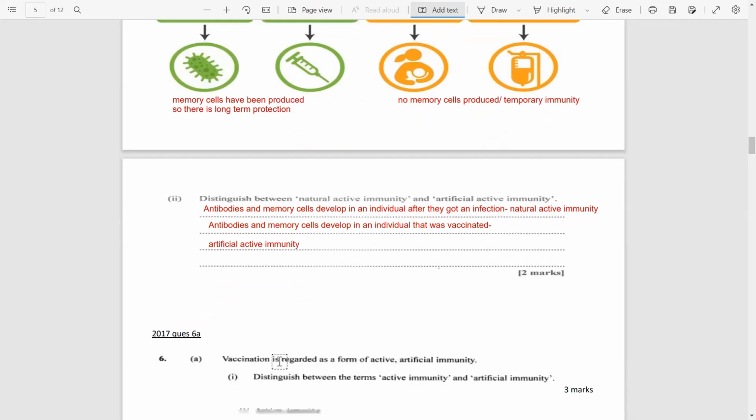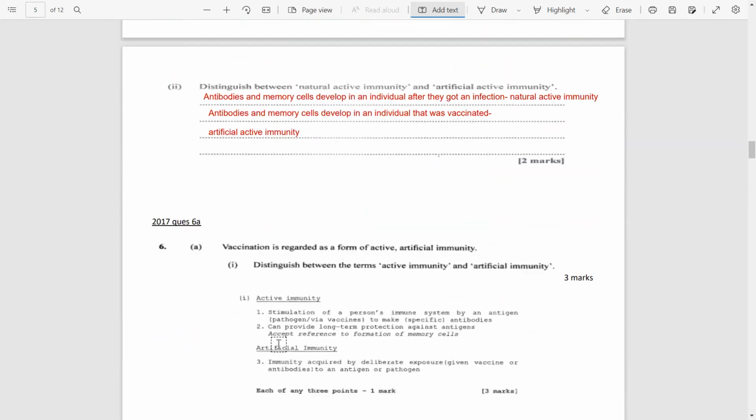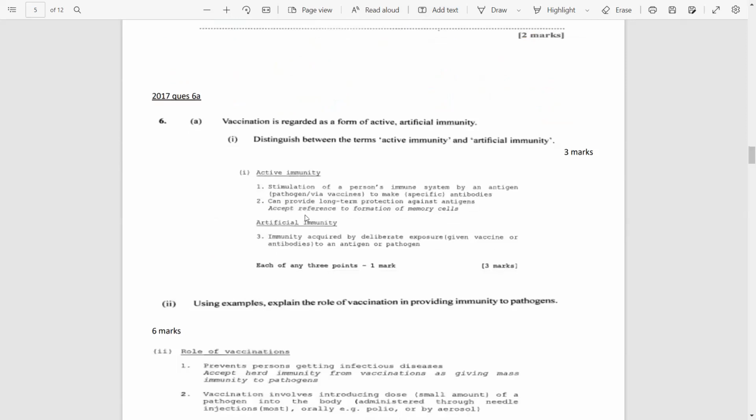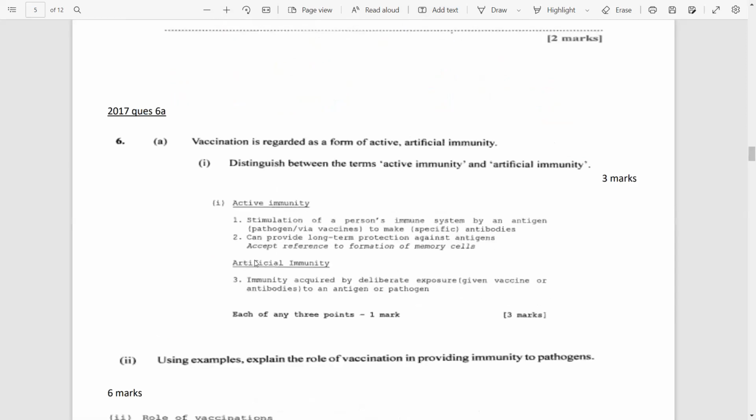All right, next. Vaccination is regarded as a form of active artificial immunity. So distinguish between the terms active immunity and artificial immunity. Active immunity means that there is stimulation of a person's immune system by an antigen or pathogen to make specific antibodies, and it can provide long-term protection against antigens because there is a formation of memory cells.